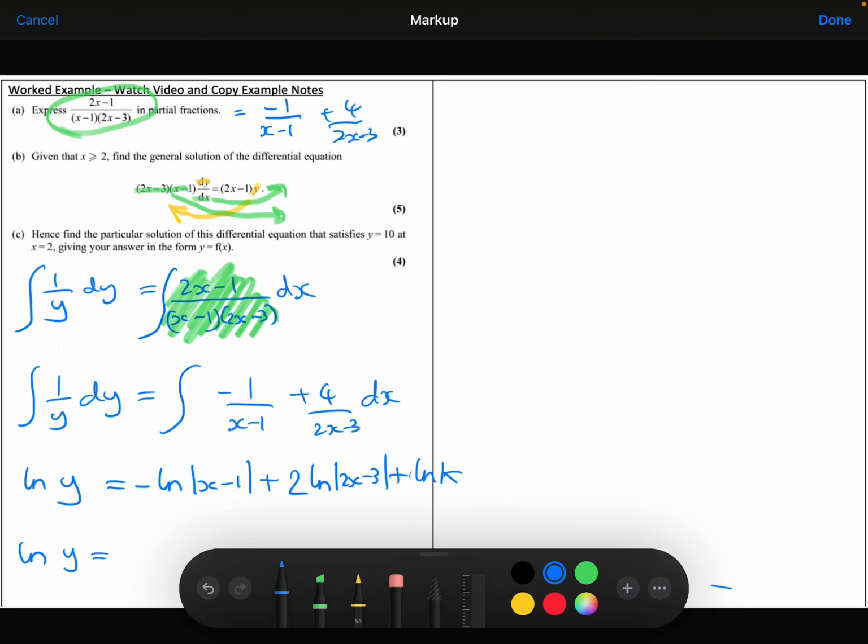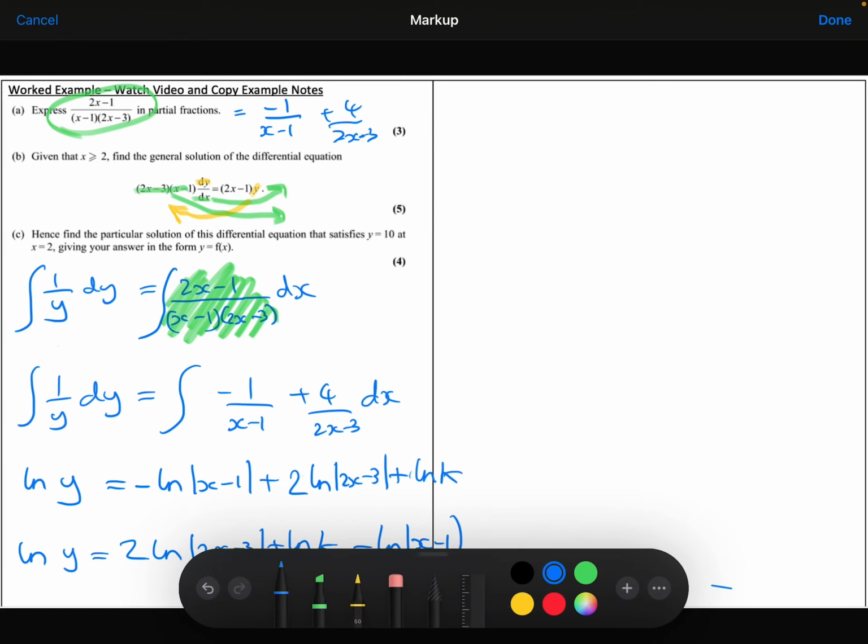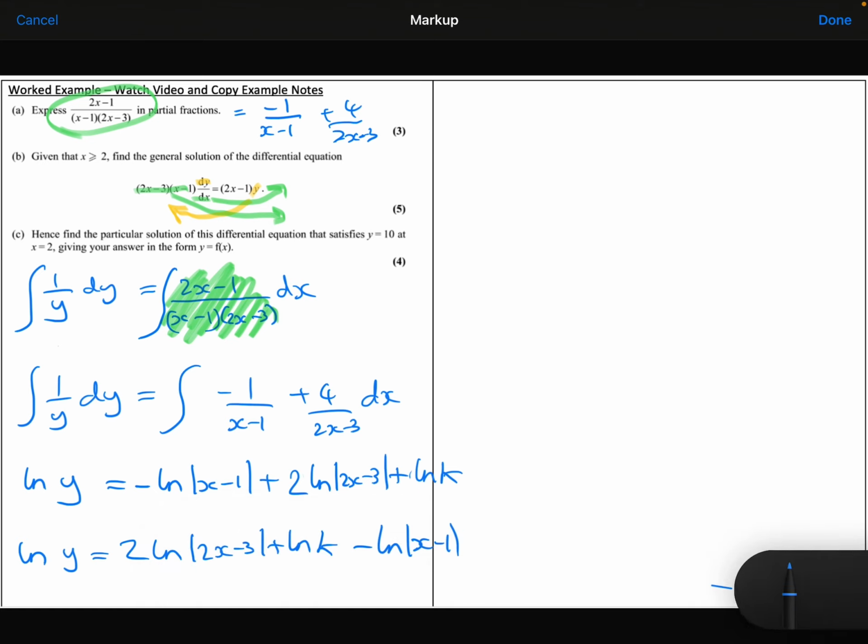I'm going to write it as ln k, just so it matches up with the rest of my terms that are all logarithms. Because what I'm going to do here is rewrite this to try and simplify it a little bit. So I'm going to put the positive term at the front here, and the minus ln, because I'm going to be using laws of logarithms to group these three terms together.